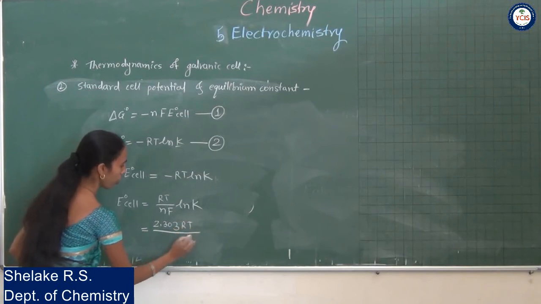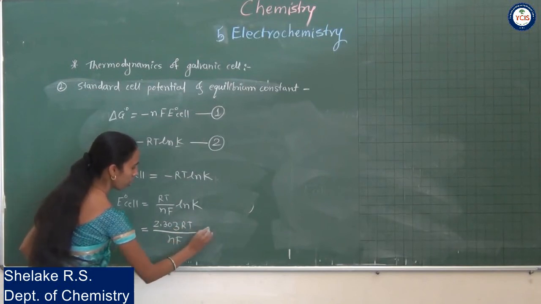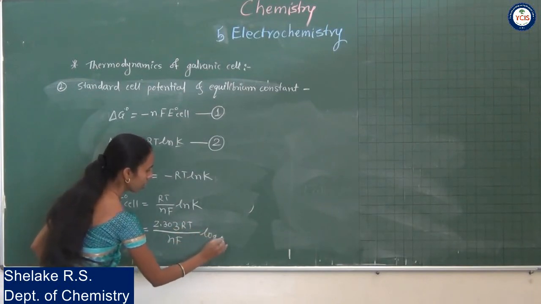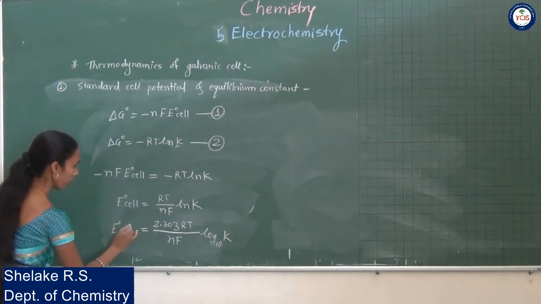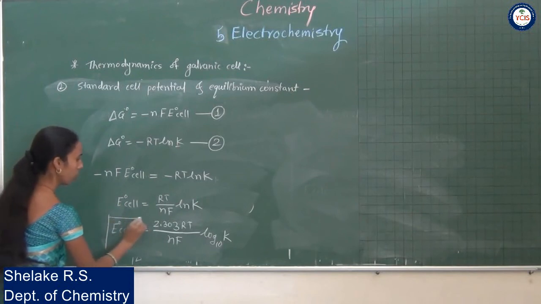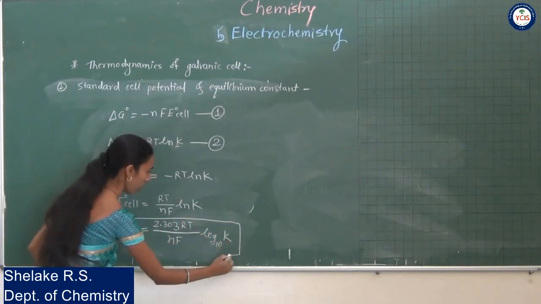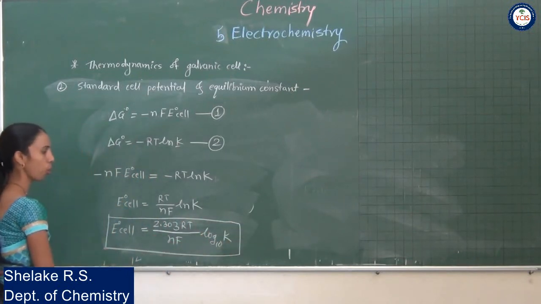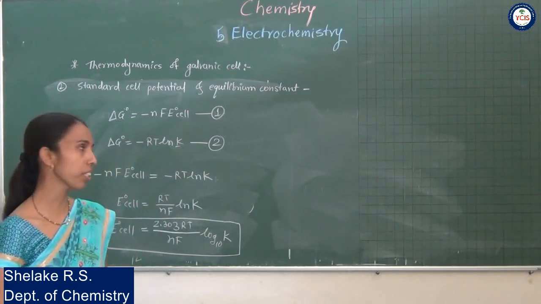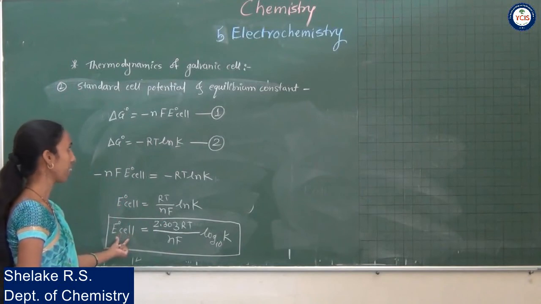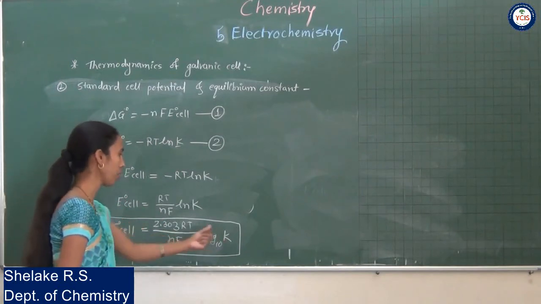RT upon nF log to the base 10 into K. So E0 cell is equal to 2.303 RT upon nF into log to the base 10 K, is the relation between standard cell potential and equilibrium constant.